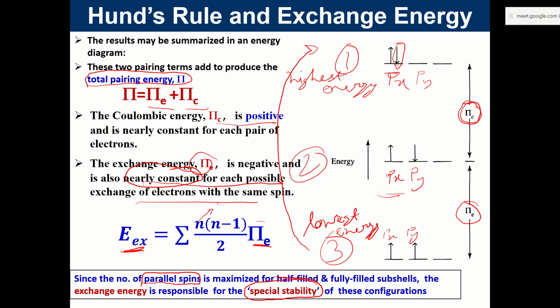N is the number of electrons with parallel spins, right? So it is a very simple thing. Without going into the formula also, you should be able to draw the different exchanges that are possible.